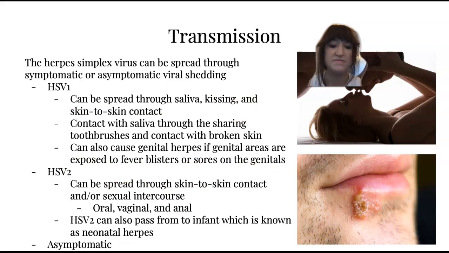Herpes simplex viruses are most contagious when herpetic lesions are present, and the virus can be spread through asymptomatic or symptomatic viral shedding. Herpes can be in the saliva and genital secretions even when no herpetic lesions are seen. HSV1 can be spread through saliva, kissing, and skin-to-skin contact.